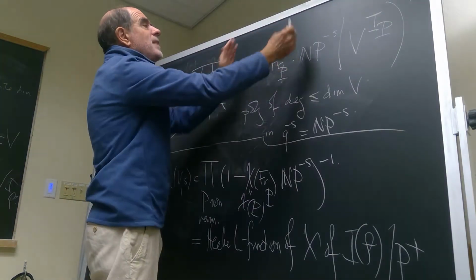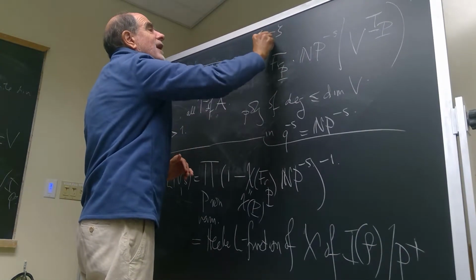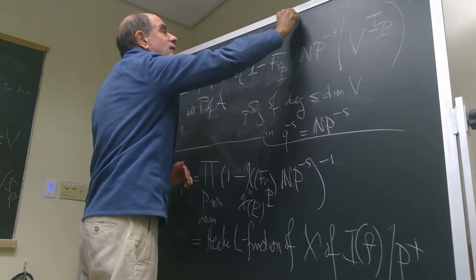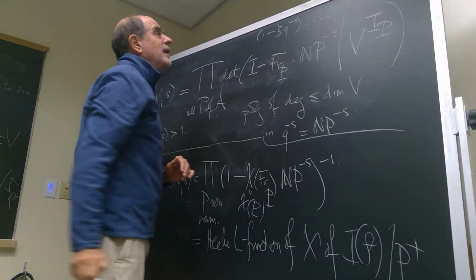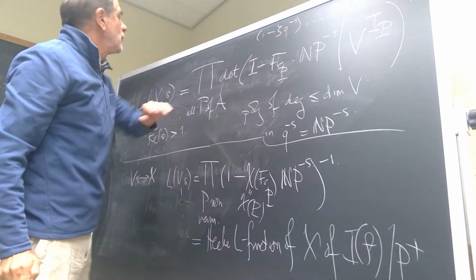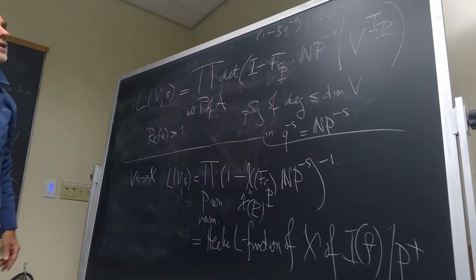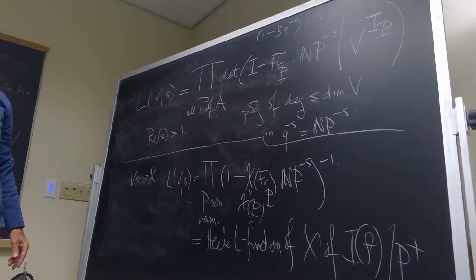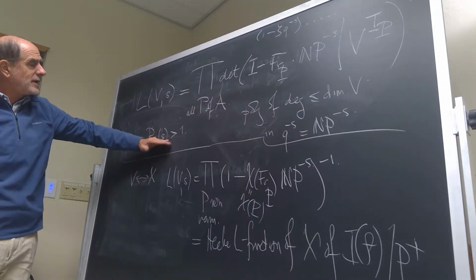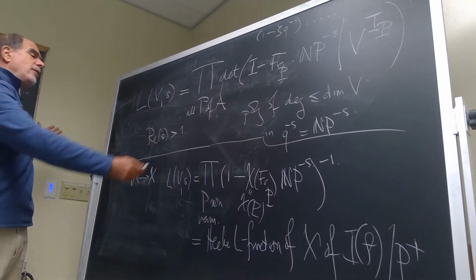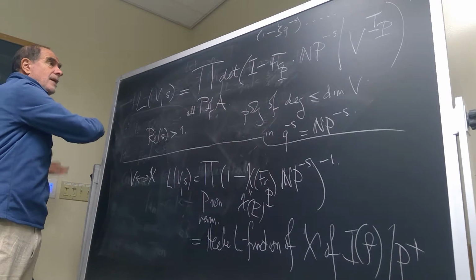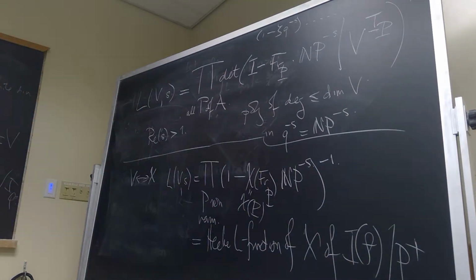So every term in this looks like a 1 minus zeta q to the minus s. You have a bunch of terms like that. And those products all converge for real part of s greater than 1, just like the Riemann zeta function did. So it should not only be defined in this half plane, but it should have a continuation like Hecke L functions to the entire complex plane and satisfy a functional equation.